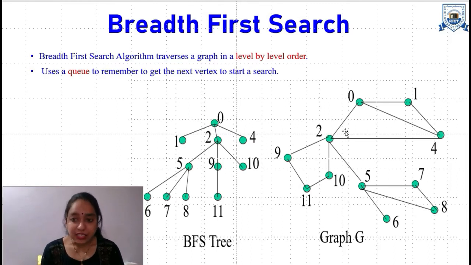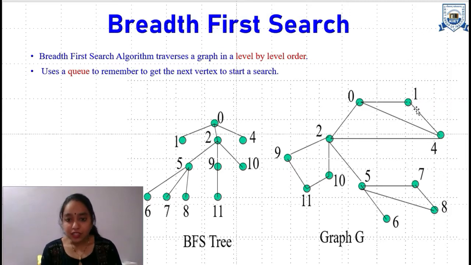Now the adjacent nodes of vertex 0 will come in the next level. The adjacent nodes of 0 are 1, 4 and 2, so the vertices for the next level are 1, 2 and 4.